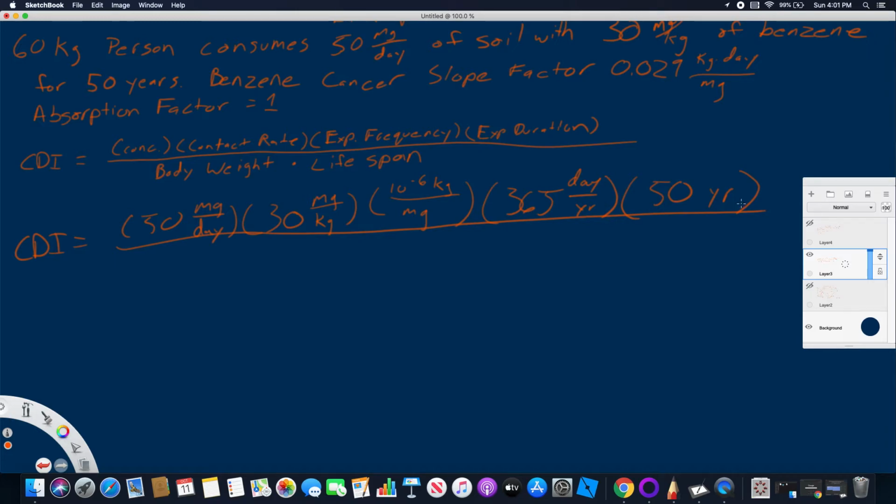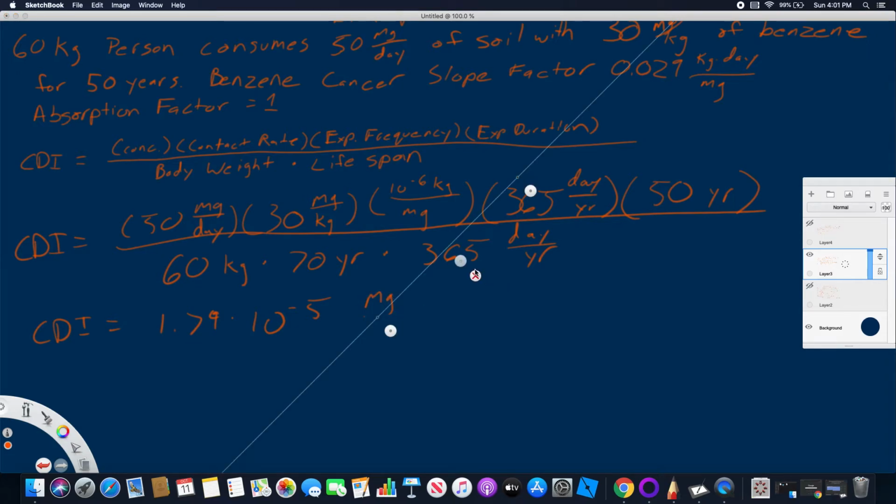Since we said in this case we're talking about a 60 kilogram person, that's our body weight. We have a 70-year lifespan and 365 days per year that they're alive, I would hope. And so the CDI in this case is 1.79 times 10 to the negative fifth milligrams. Woo.